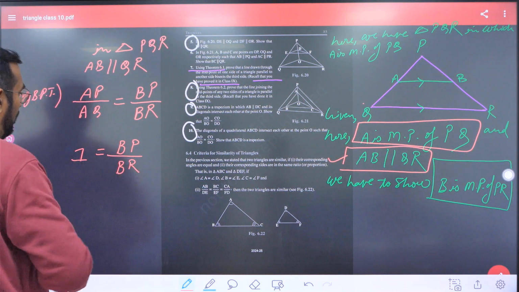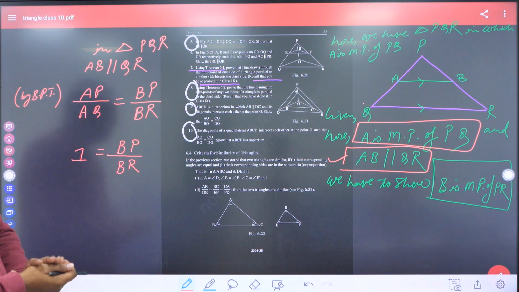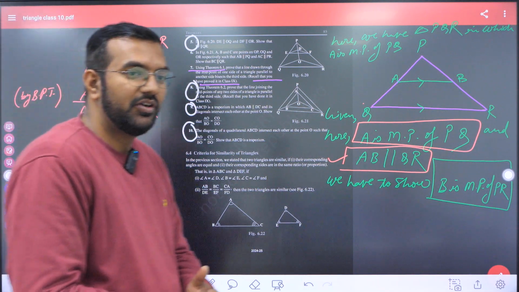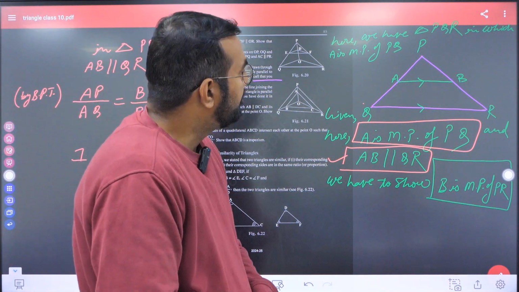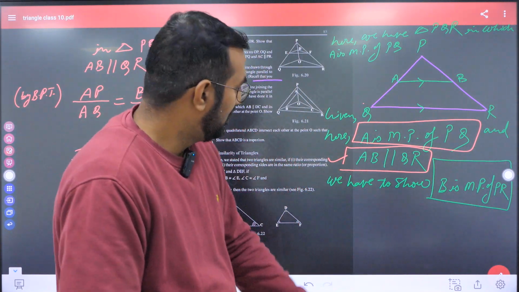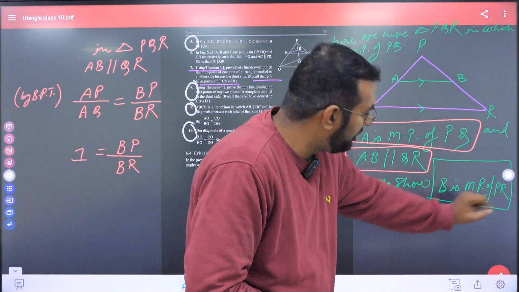Why have we written AP upon AQ as 1? But B is also the midpoint of PR? No, B is not the midpoint of PR. We have to show that B is the midpoint of PR.